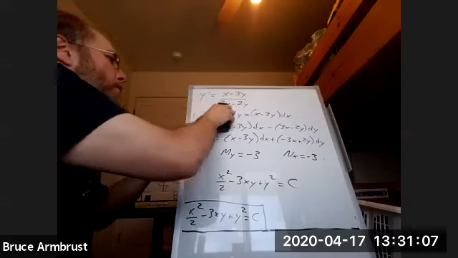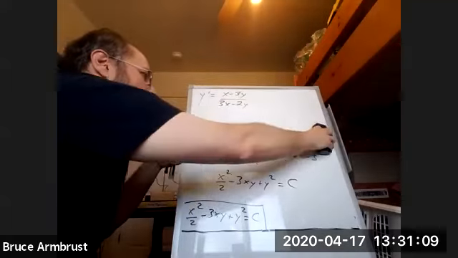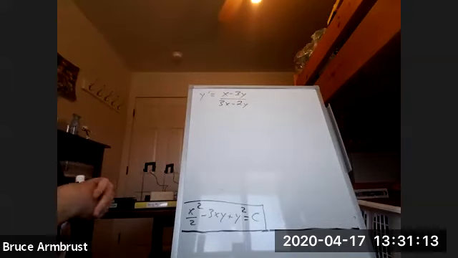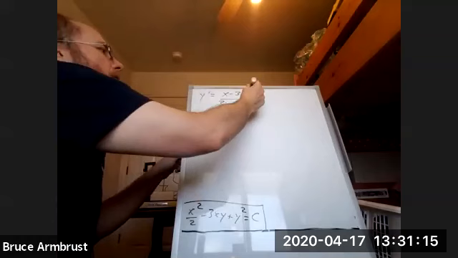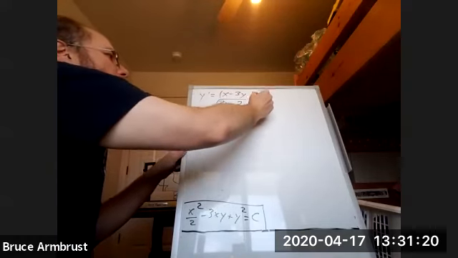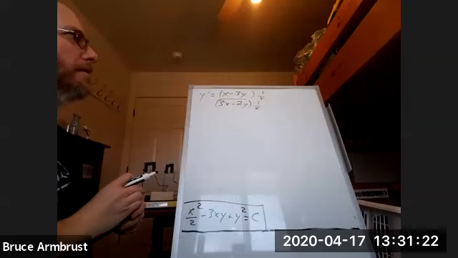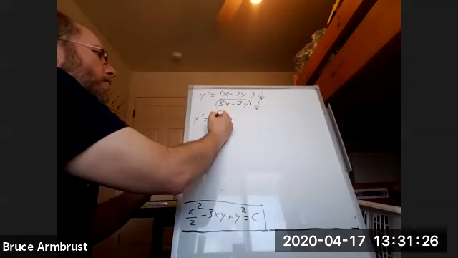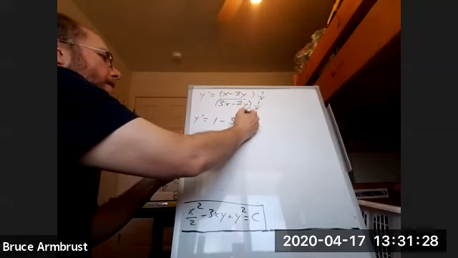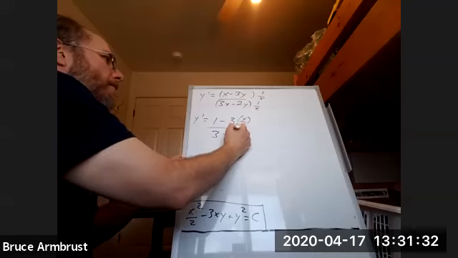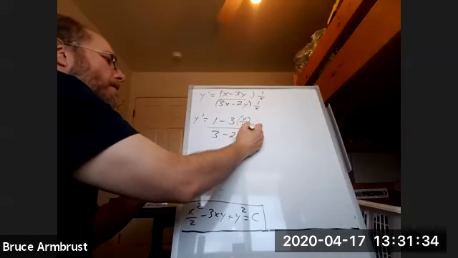All right, so review from last time. What we're going to do is we're going to start by trying to get y over x's. So I'm going to multiply top and bottom of this by 1 over x. So this turns into y prime equals 1 minus 3 times y over x over 3 minus 2 times y over x.